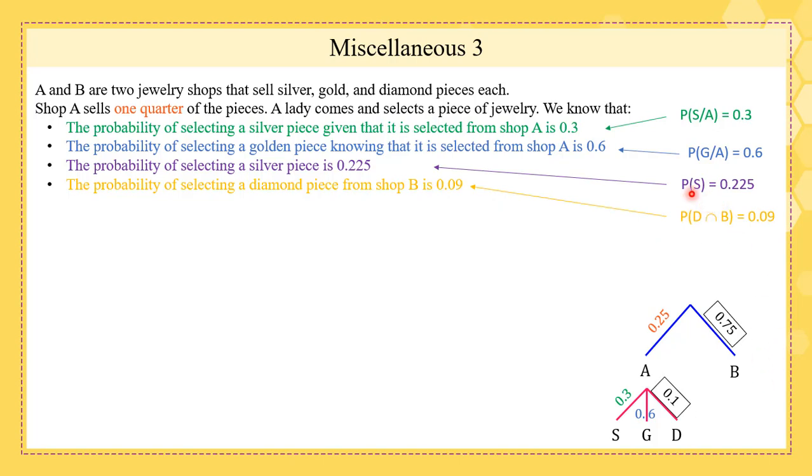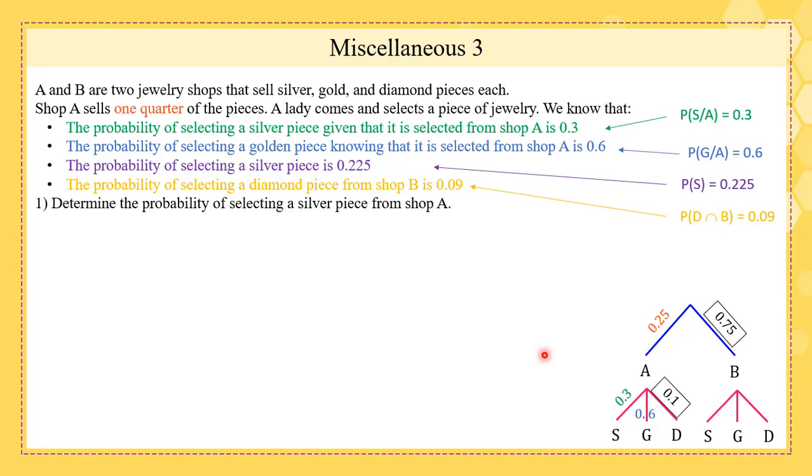So far, we still have P of S and P of D intersection B. We couldn't put them on the tree. Now, we have to fill in the tree with S, G, D when possible. Well, leave them and try to see how the question works and try to answer each question alone.